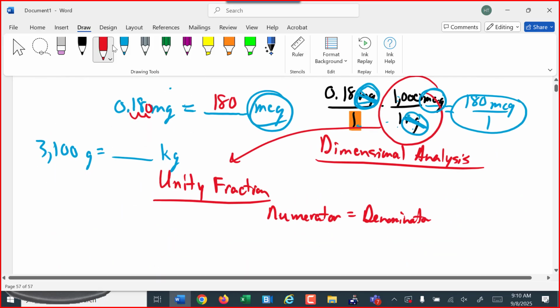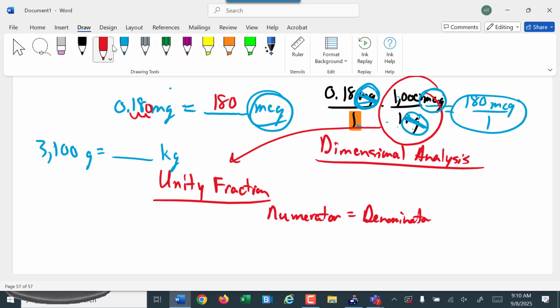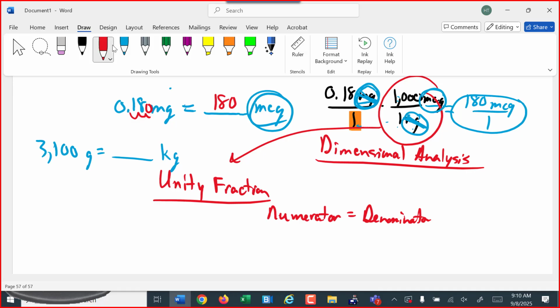So the easiest way to make that conversion is to move my decimal point the same number of spots, 3 spots to the left. There is no decimal written in the number 3,100. So it goes at the end of the number. I move it 3 spots to the left. 1, 2, 3. It ends up as 3.1 kilograms.